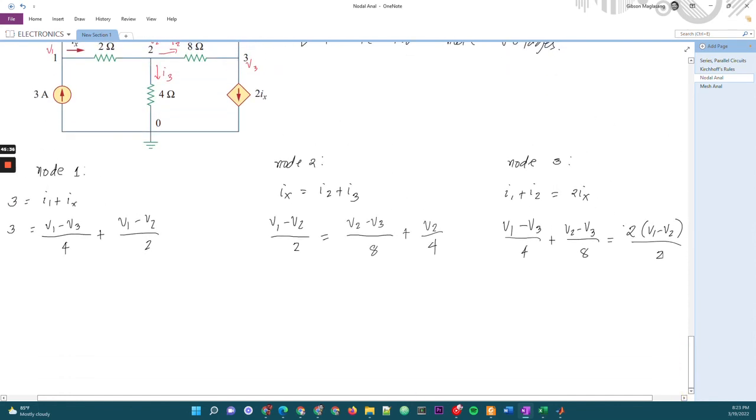Pero before that, i-simplify. Collect all those similar variables, V1, V2, V3, I mean.